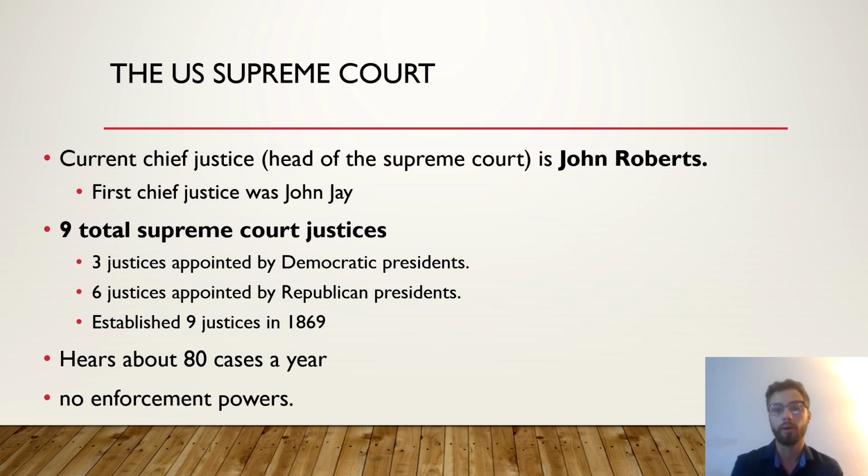We know that our current Supreme Court consists of 3 justices appointed by Democratic presidents. I believe there's one Bill Clinton appointee, and a Barack Obama, and of course a Joe Biden remaining. We see also there are 6 justices appointed by Republican presidents.